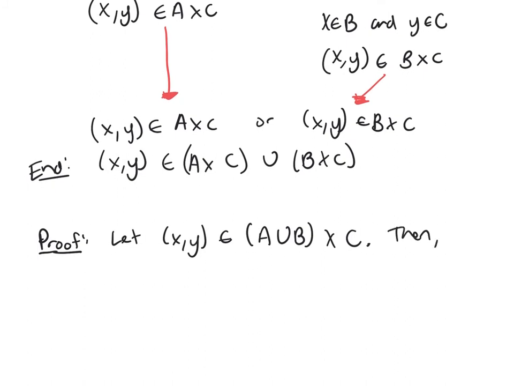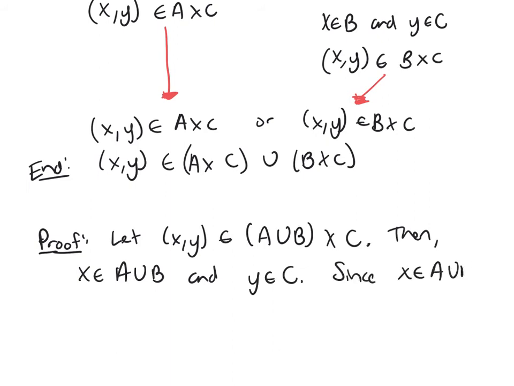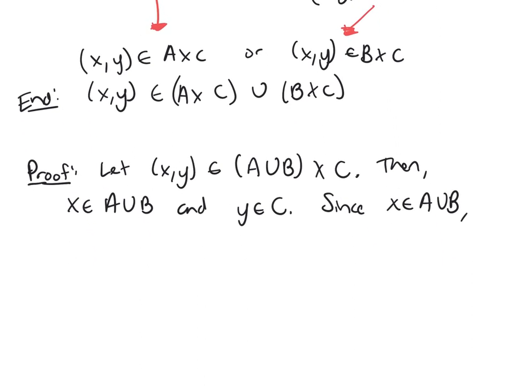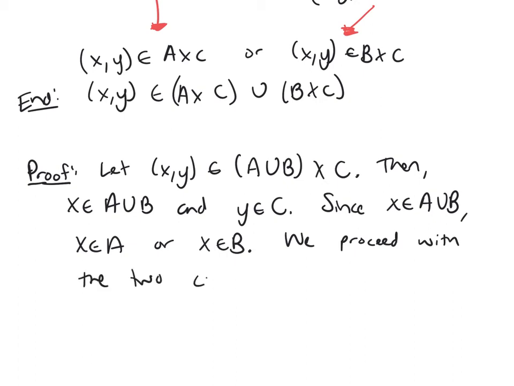Then what we said was x is in A union B and y is in C. Since x is in A union B, we said that x was in A or x was in B. And then from here, we used cases, so we proceed with the two cases: x is in A or x is not in A.